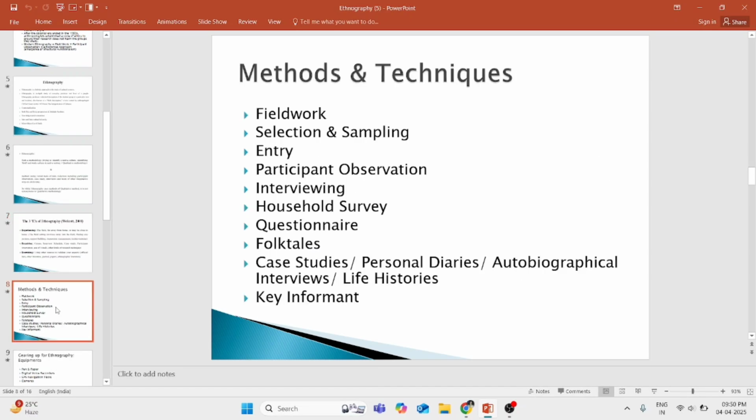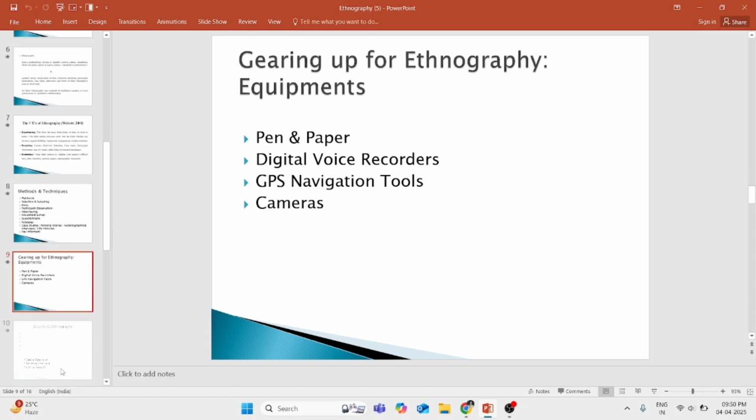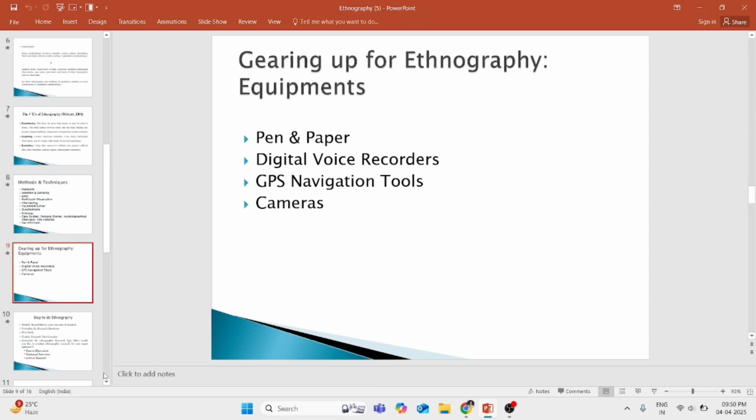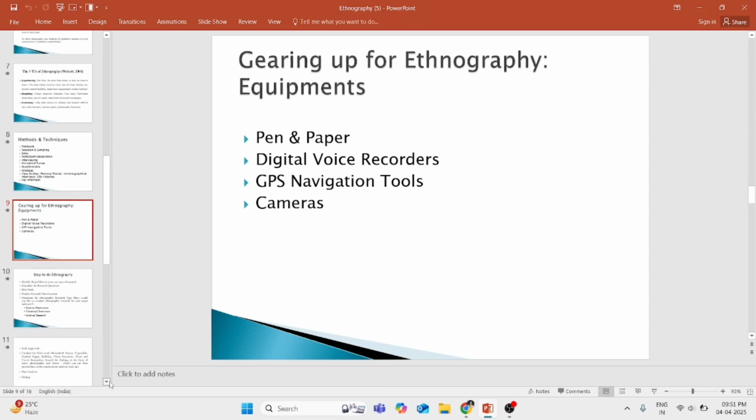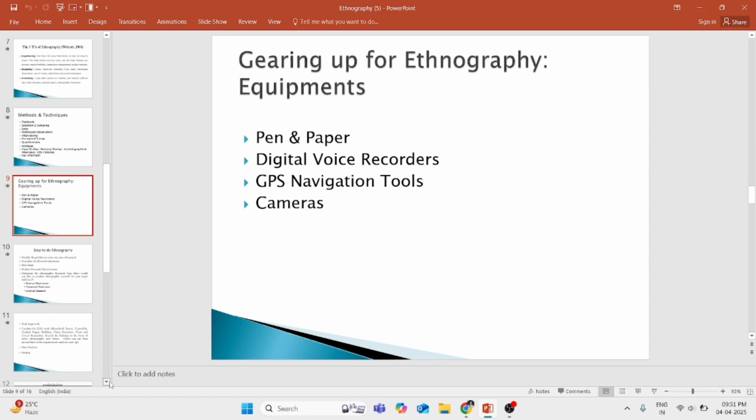However, like any research method, ethnography has its own limitations. It is very time consuming. It requires prolonged engagement with a community, at least 8 months, and sometimes more. Findings are often subjective in ethnographic research, as they depend on the researcher's interpretation.